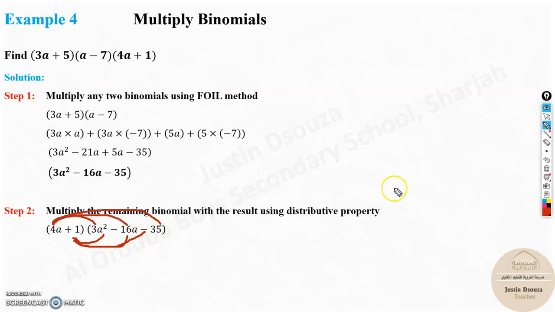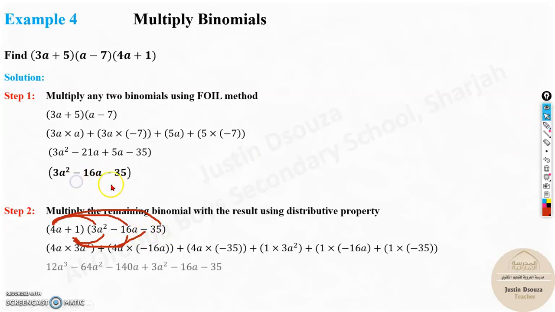That is distributive property. I hope you remember this. I'm sure you have done this before. So it'll be 4 times 3a squared, 4 times minus 16a, 4 times minus 35. Then a times 3a squared, a times minus 16a, a times minus 35. So this is how we get it.